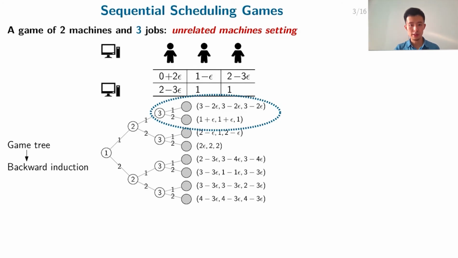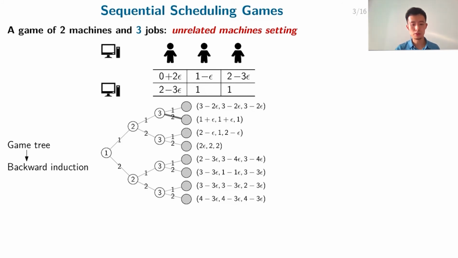So in this subgame, player 3 will choose the second machine. Similarly, job 3 will choose machine 1 in the second subgame, and so on.